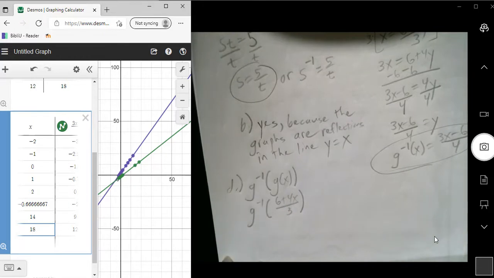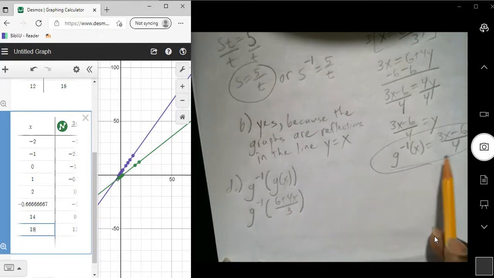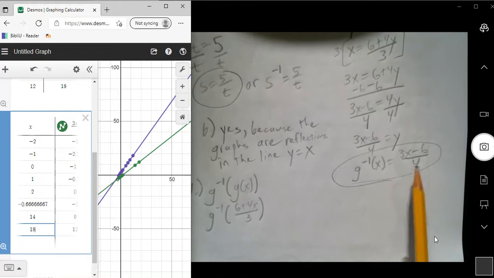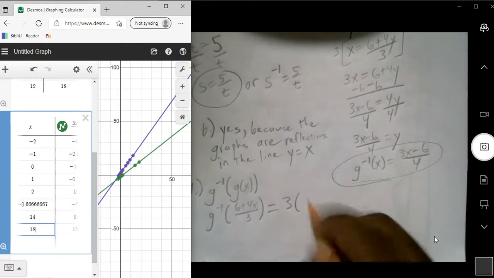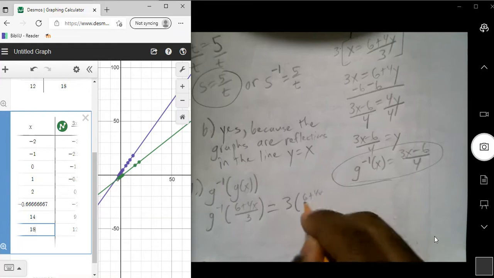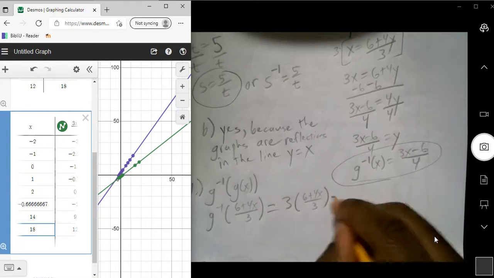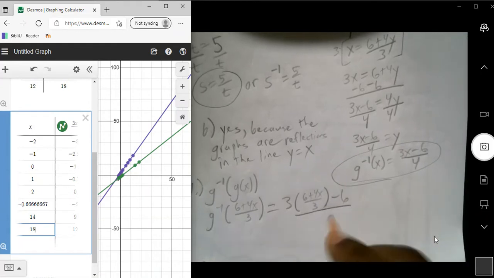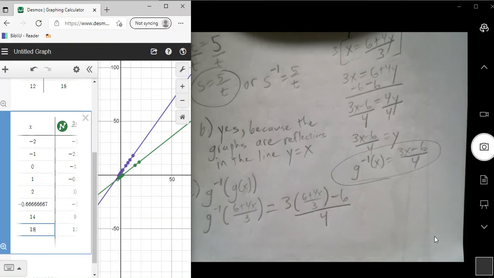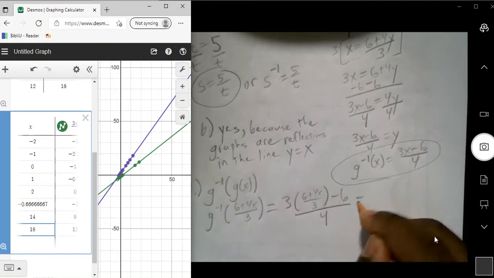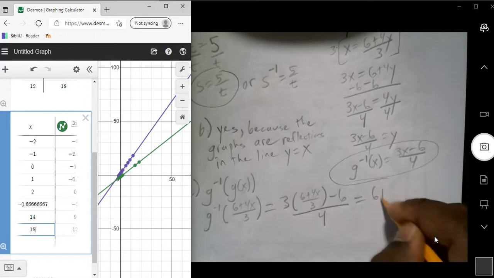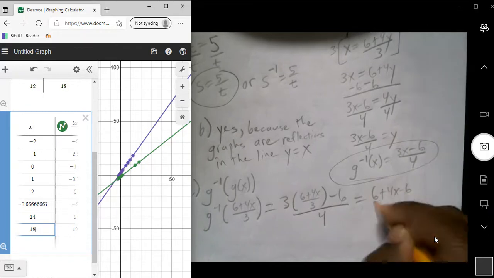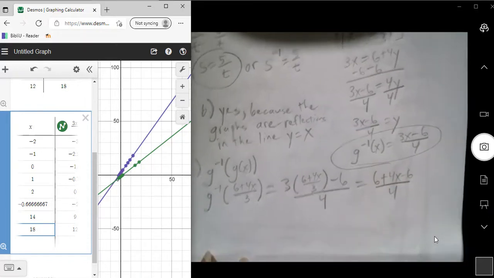Now we have to look at the g inverse, which we have here, which is 3x minus 6 over 4. So we would take 3 times 6 plus 4x over 3 minus 6 all over 4. So when we do our numerator here, these 3's will simplify out, and you have 6 plus 4x minus 6 all over 4.